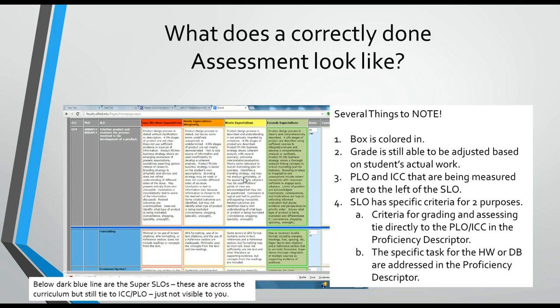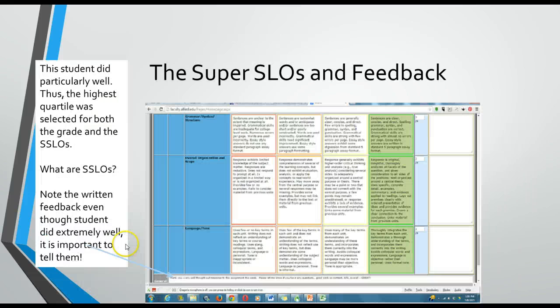Then the specific task that the student has to do in this homework or in this discussion board is also addressed in the proficiency descriptor. Below this dark blue line are the super SLOs. These are across the curriculum and they still tie to the ICCs and PLOs, but that may not be visible to you.